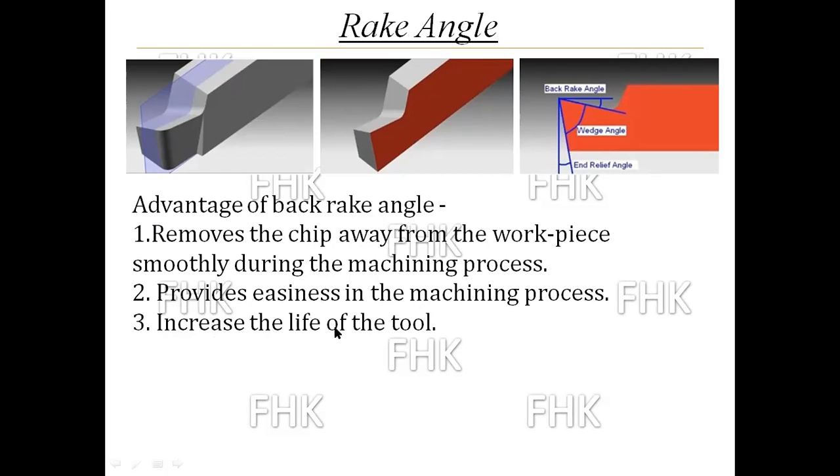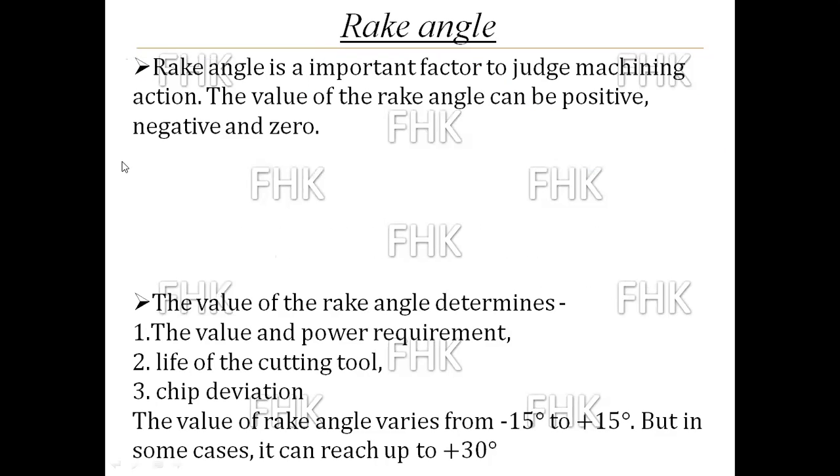That is the advantage of back rake angle. The rake angle is an important factor to judge machining action. The value of a rake angle can be positive, negative, and zero.